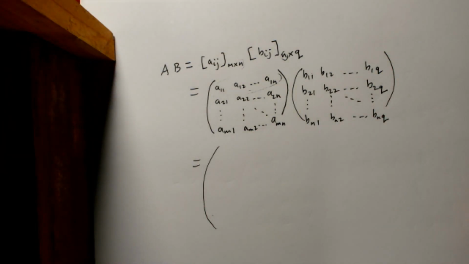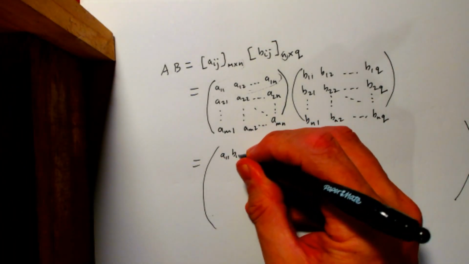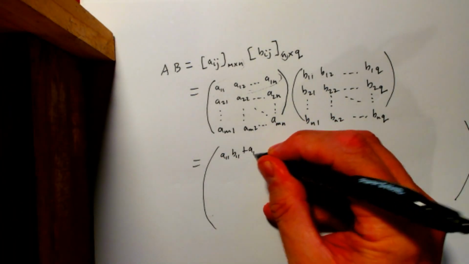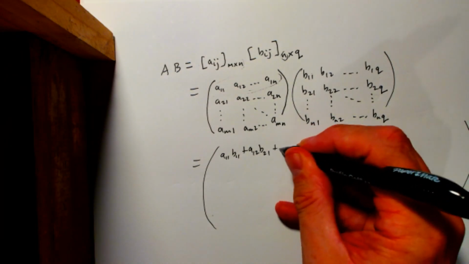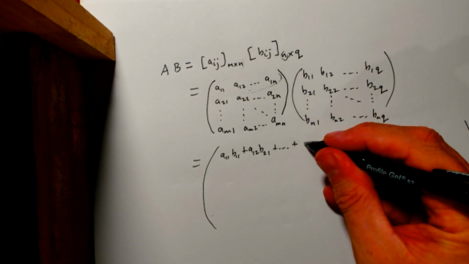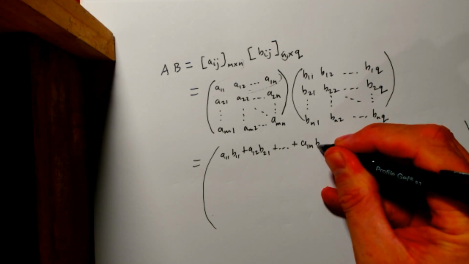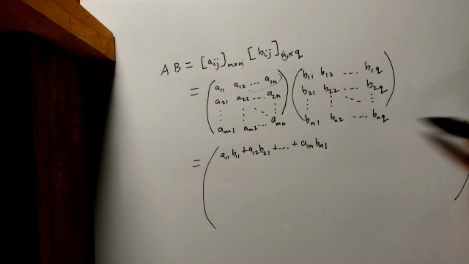We're going to get something massive here, so you might want to look at what you have in the course notes. The first one is A11 times B11 plus A12 times B21, and so on, and the last part of that sum is A1n times Bn1. So you can continue.